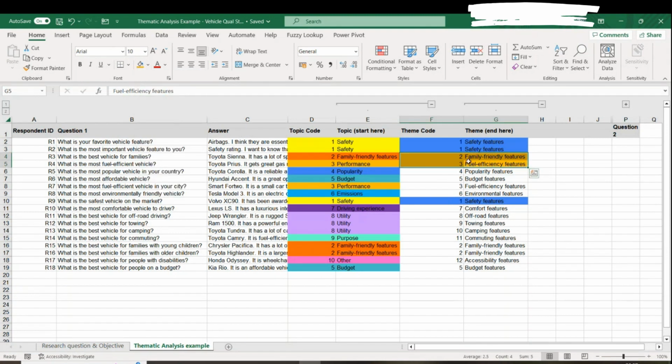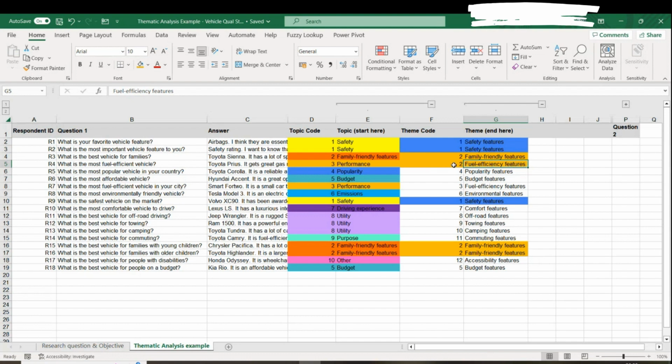And then we look for theme code number 2. As you can see, we've also grouped these into theme code number 2.